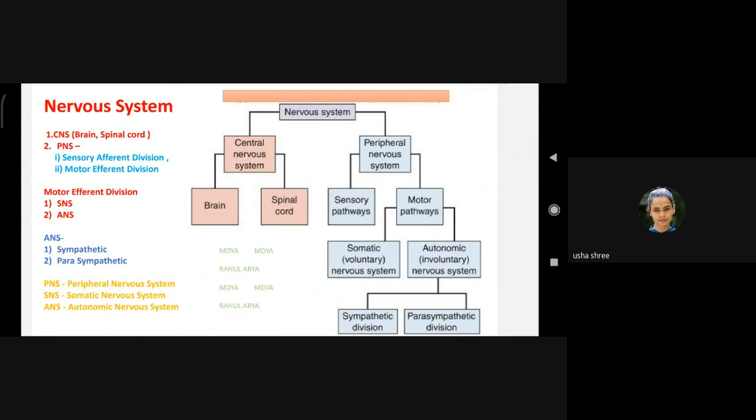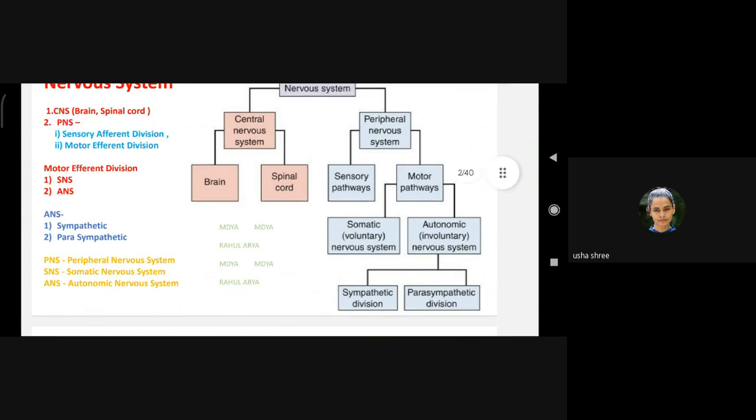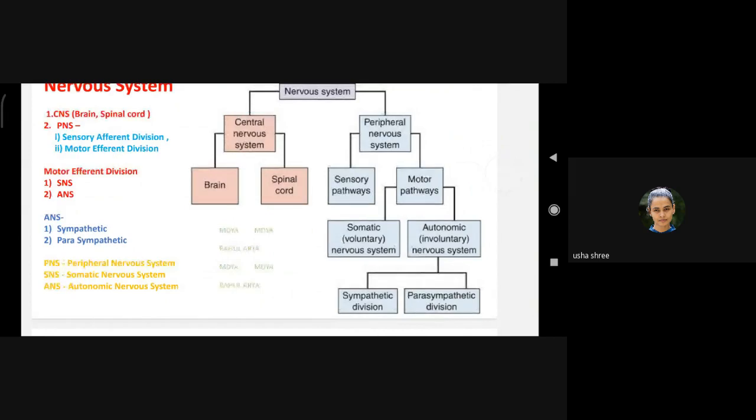Now, responses are of different types. Some responses are voluntary, some are involuntary. For example, dilation of the pupil is a kind of motor action, and it is automatic.